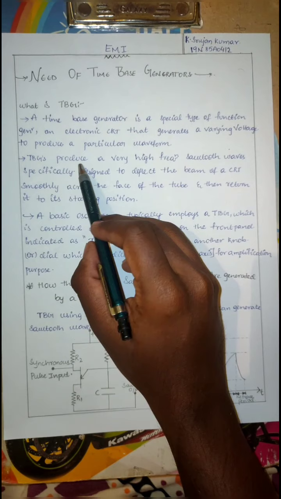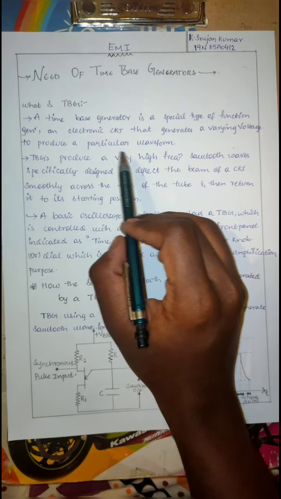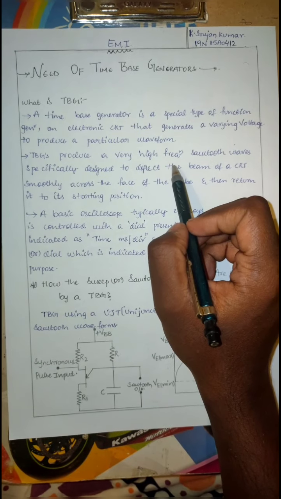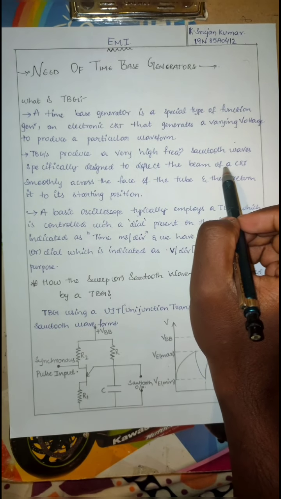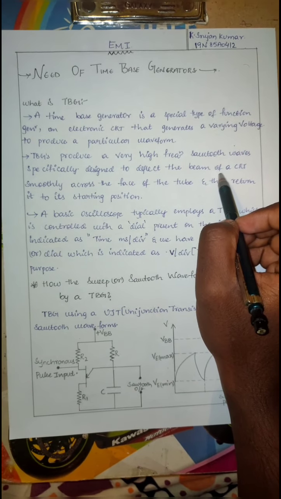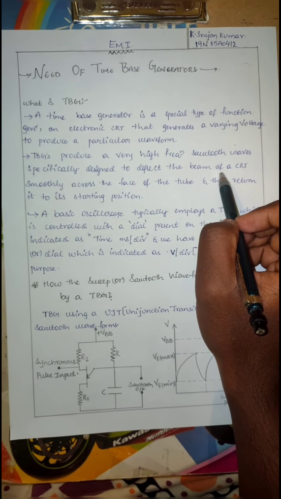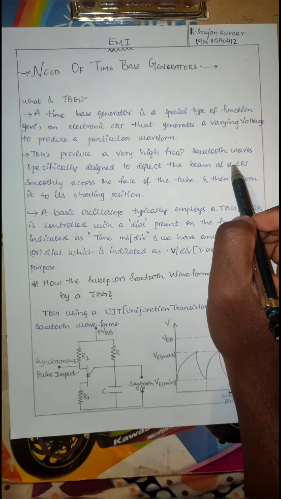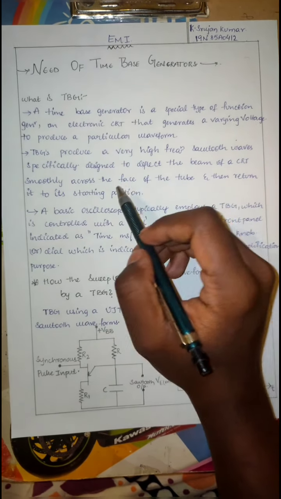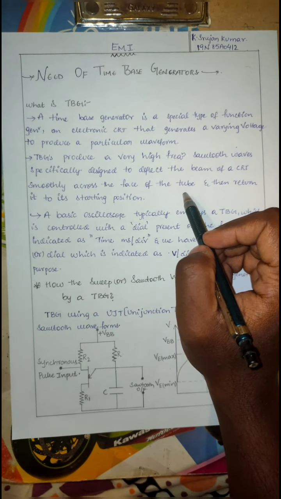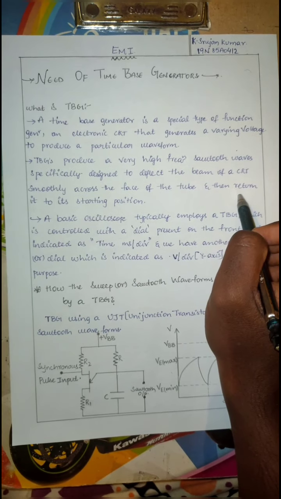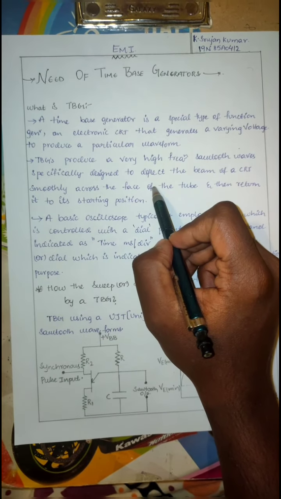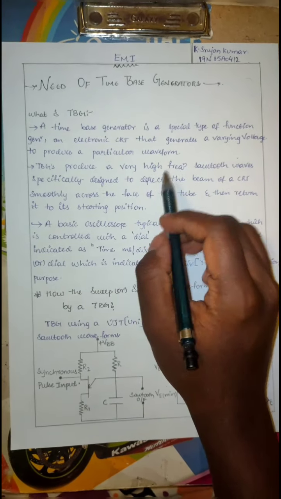Usually TBGs produce very high frequency sawtooth waves, which are specifically designed to deflect the electron beam, which is generated by the electron gun when it gets heated, across the screen of the CRT smoothly and then return to its starting position. So this is the main reason why the TBG is needed in a CRO.